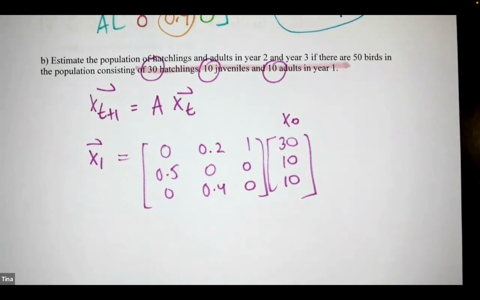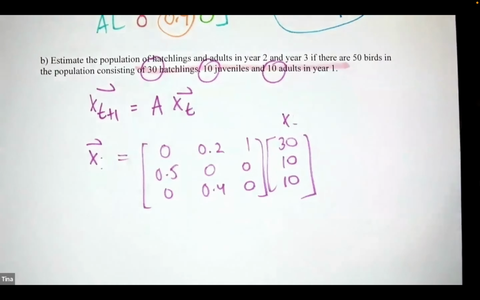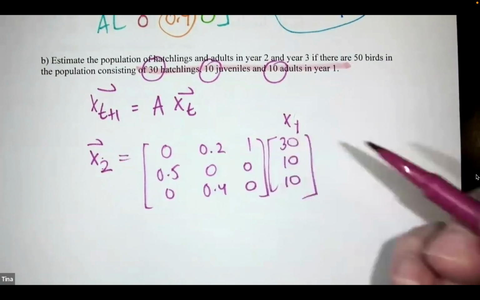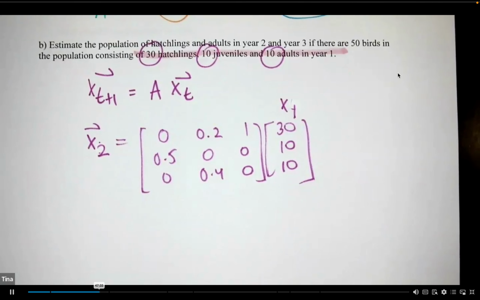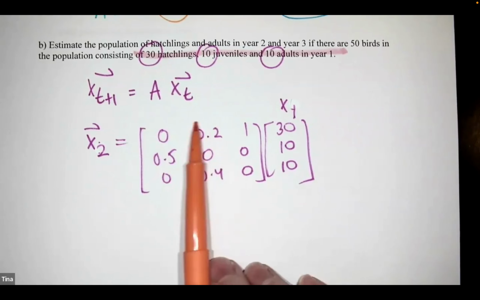They said year 2, so you could also think of it as just using the one before it. You could call year 2 the A times year 1, right? Whatever numbers you want to use, as long as you know you have to do it twice, because what we have here is considered year 1.